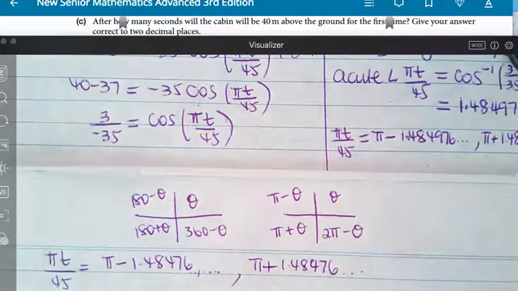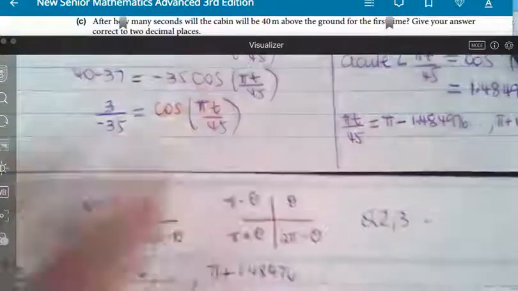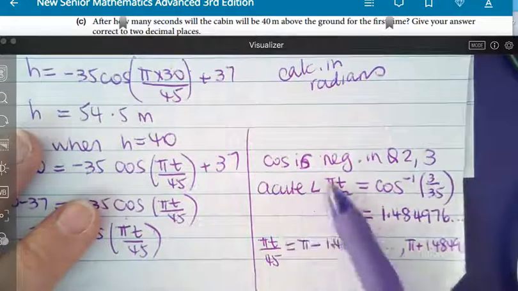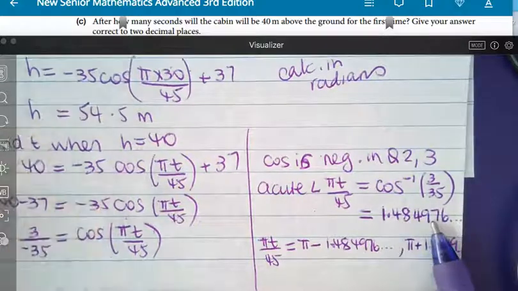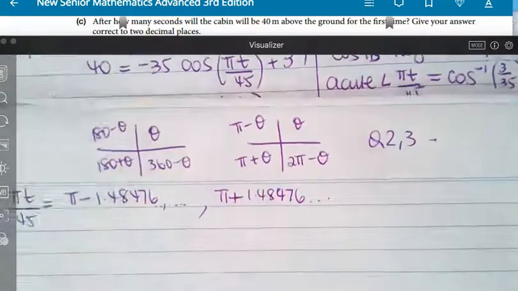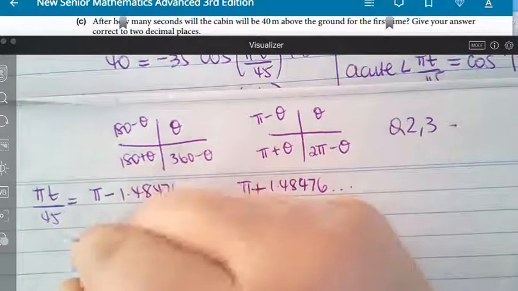But we know that we're in quadrants 2 and 3. So remember the steps again. The quadrants, the acute angle. Step 3 is to write out your solutions in those quadrants. That's your quadrant 2 solution. That's your quadrant 3 solution. So does anyone have a value?